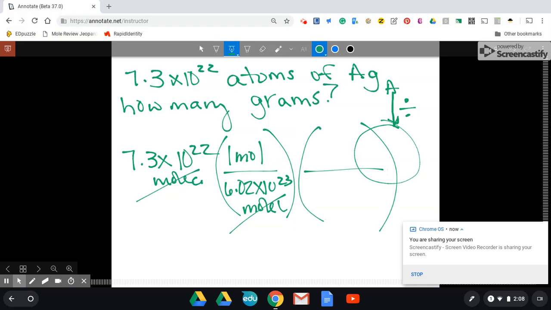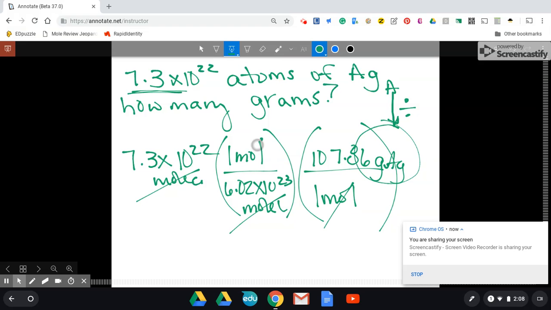Here's the biggest mistake that I see you guys making. Molar mass is not the same thing as what I've given you. Your molar mass is what you calculate off of the periodic table. And so the molar mass of silver is 107.86, that's grams of silver over 1 mole.